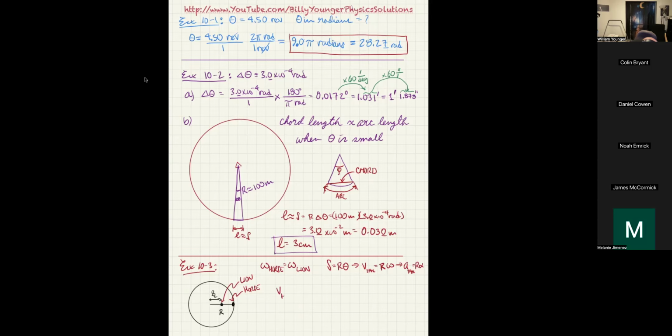So we'll say V horse is equal to R times omega, where omega is the angular velocity at which this thing rotates. It would be measured in radians per second or revolutions per minute. And similarly, the velocity of the lion would be R over 2 times omega. So you can see that the velocity of the horse is going to be twice the velocity of the lion. That's how they're related. Anybody have any questions with that?